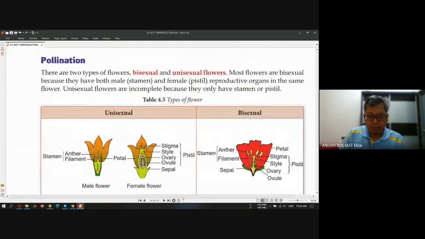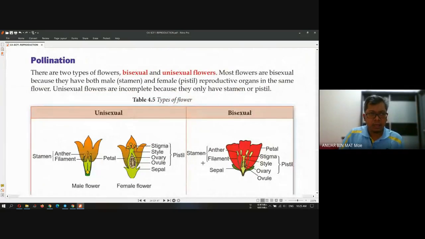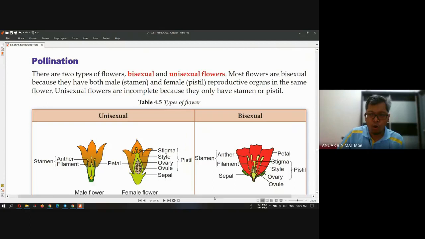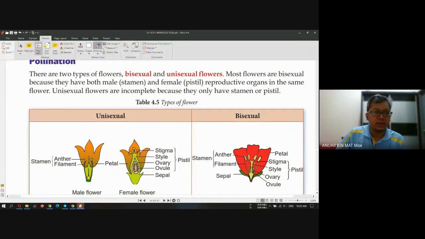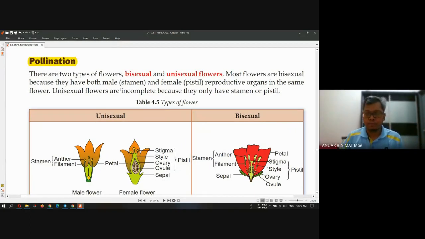The next topic is pollination. Pollination is only applicable in flowering plants.